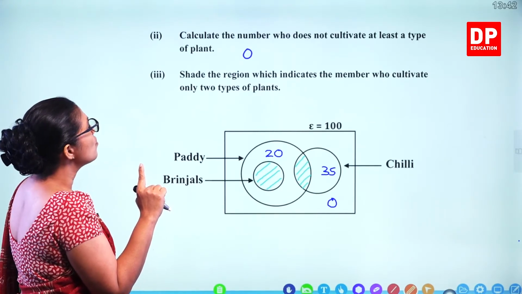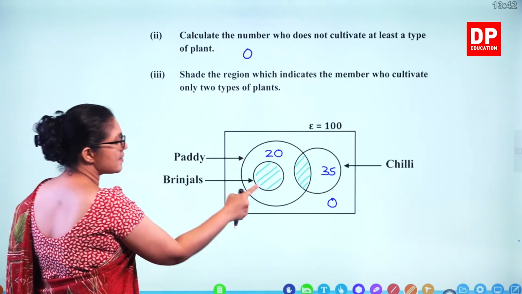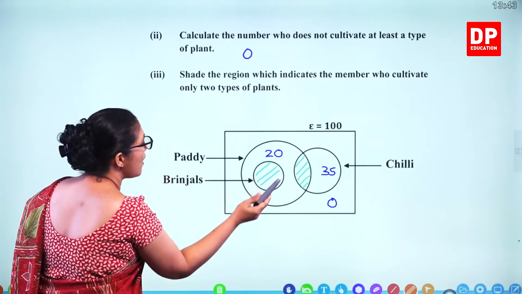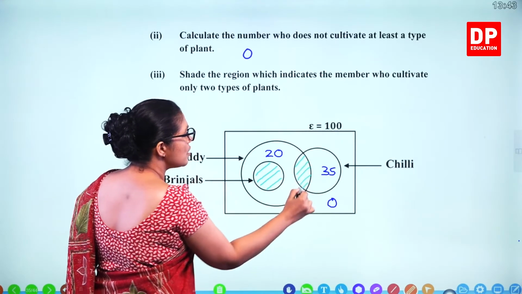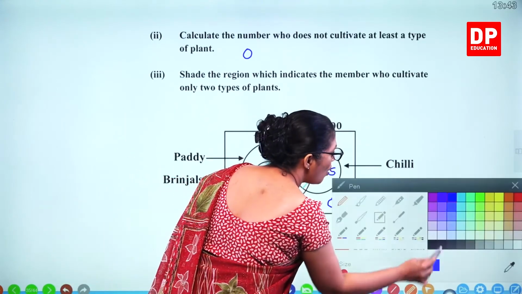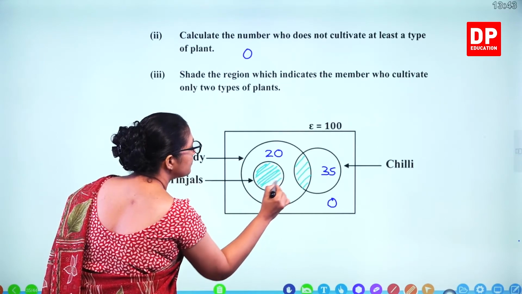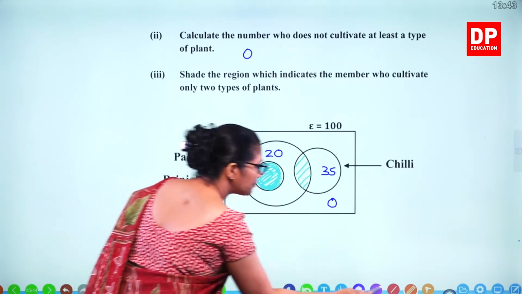Shade the region who indicates the member who cultivate only 2 types of plants. Only 2 types. So they are asking to shade the region. So that's the shaded region. Only 2 types of plants means this is brinjals and paddy and this is chili and paddy. So we'll shade it properly. So this part, so we have to shade this.